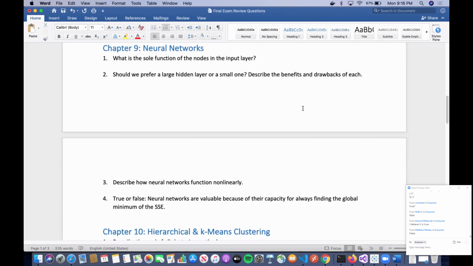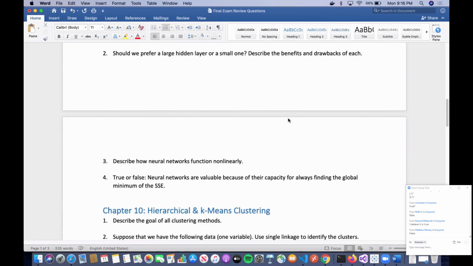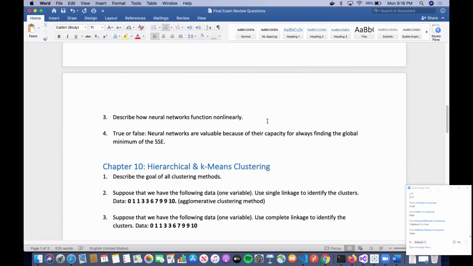If you have more hidden layers, you increase the accuracy of your algorithm, but that also could lead to overfitting. So you need to find the optimal point, like deciding how many hidden layers you're going to have in your algorithm.